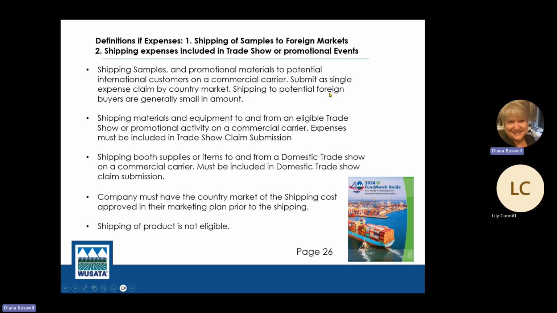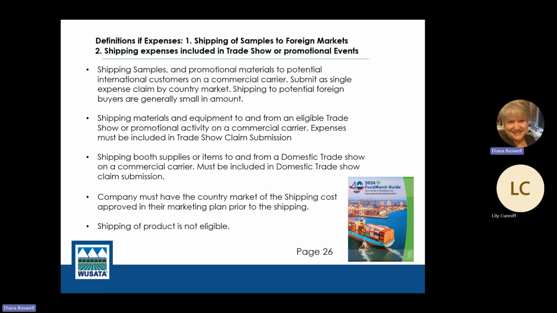Shipping to potential foreign buyers are generally small in nature, and that's what we're kind of looking for on your claim. The second bullet are shipping materials and equipment to and from an eligible trade show or promotional event on a commercial carrier internationally. These expenses must be included on your trade show claim.